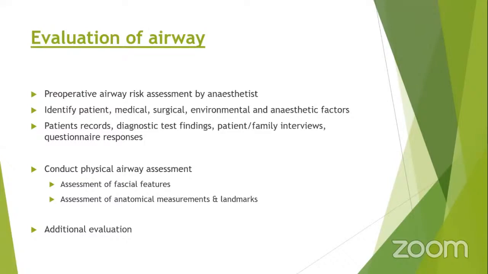Also, before you initiate the anesthesia care or airway management of these patients, do conduct a physical airway examination to further identify the physical characteristics that may indicate a difficult airway, which may include the assessment of facial features, such as mouth opening, ability to prognathe, head and neck mobility, or the assessment of anatomical measurements and landmarks like the sternomental distance, the thyromental distance, interincisor distance, the Mallampati and modified Mallampati grading, even the measurements obtained by ultrasound such as the skin to thyroid distance, the tongue volume, and the distance from the skin to epiglottis.